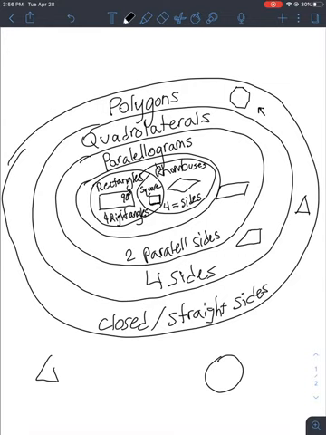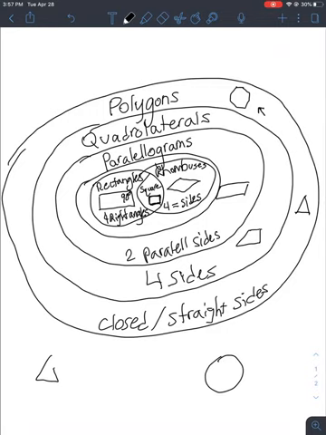That means they are all the same length. So the square is not only a square, but it is a rectangle as well. It's considered a rectangle. A square is considered a rhombus. A square is considered a parallelogram, as well as a quadrilateral and a polygon.